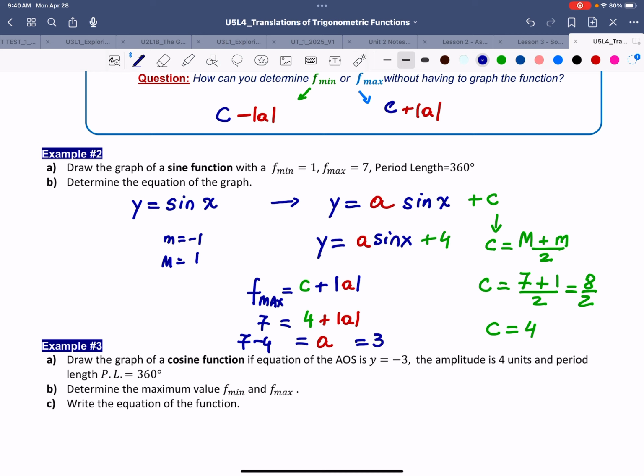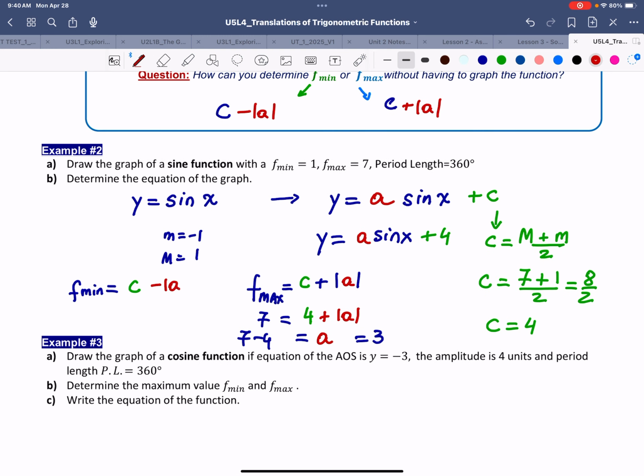So if you try to find the value of a using the minimum, that would be a similar process. So the value of the minimum of the function is from the axis of symmetry, we go down by the amplitude. So what that means is that the value of 1 equals axis of symmetry, which is 4, and then minus the amplitude.